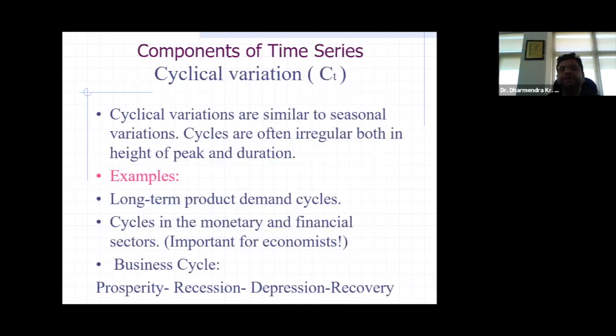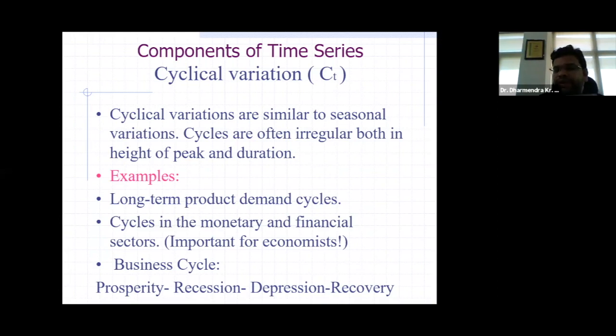So what are the cyclic components? Cyclic components are those which have a particular cycle, and this particular cycle has a time period of 1 year. Like long-term product demand cycles, or the business cycle in the monetary and financial sectors. There is a particular time when we have prosperity, after that recession will come, after recession depression will come, and after depression recovery will come.